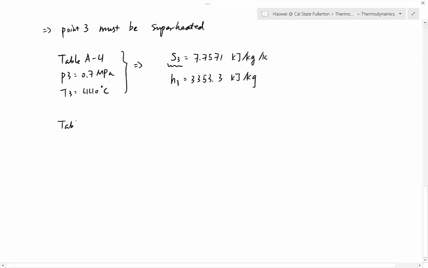Starting from pressure, we go to table A3. Pressure of point 4G is equal to P4, and that is 0.008 megapascal, which is 0.08 bar. And from here, we can find S4F and S4G.